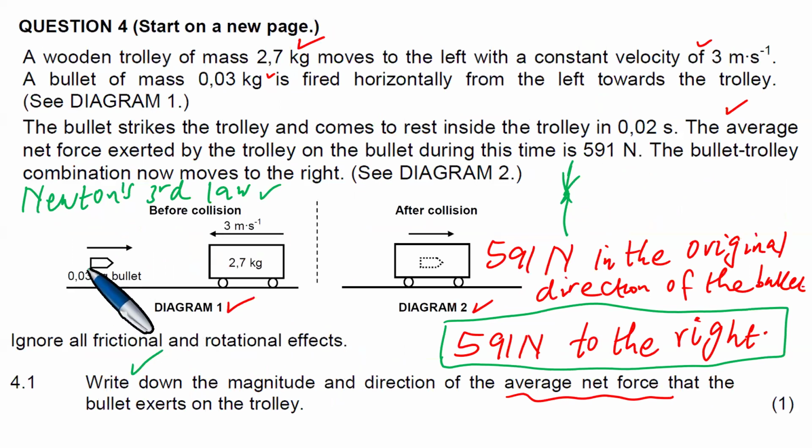There's a bullet moving, and a trolley that collides with the bullet. In the process, the direction of motion changes. For example, the bullet was initially moving towards the right and the trolley towards the left. Now the trolley changed direction after the collision with the bullet, and is moving in the original direction of the bullet. These are the kinds of things that pertain to momentum.